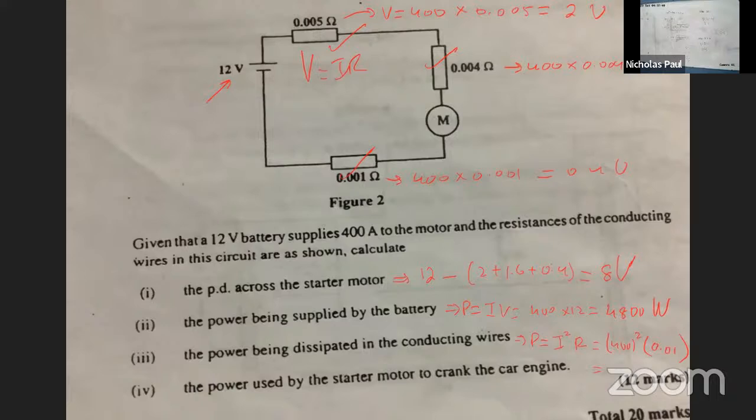How much is that? 400 squared by 0.01 is 1,600 watts. Nice.